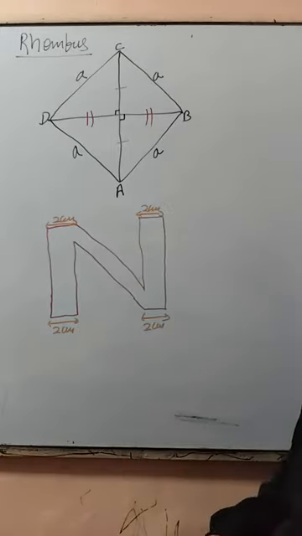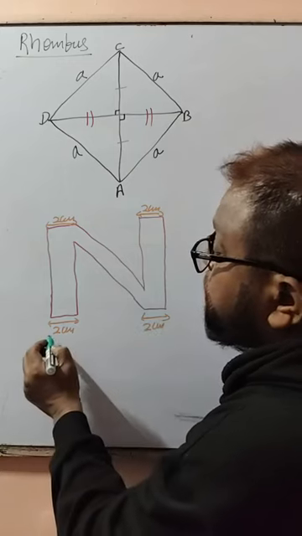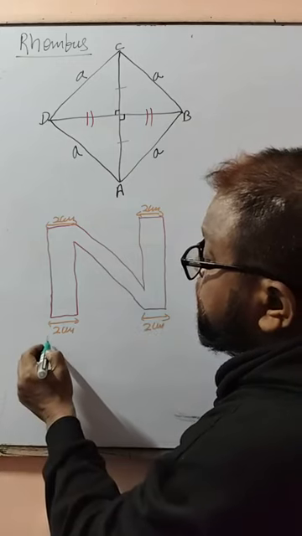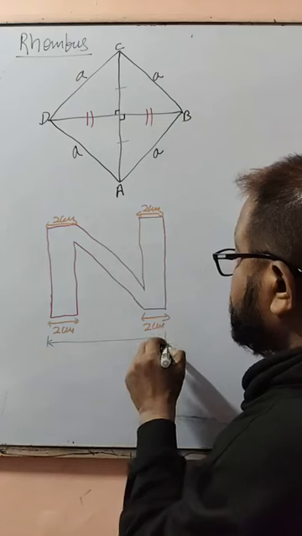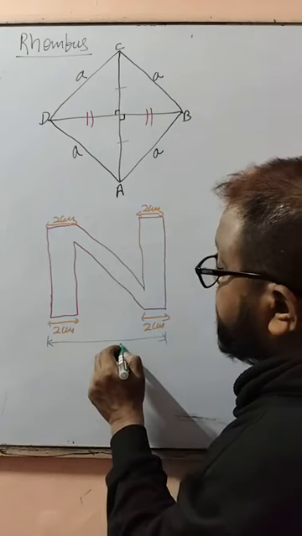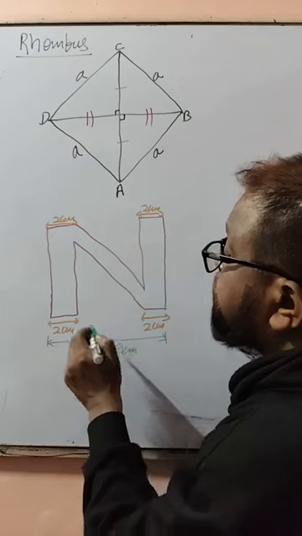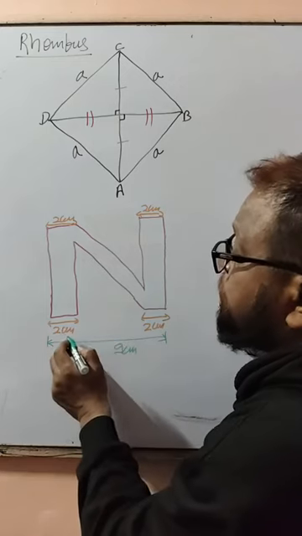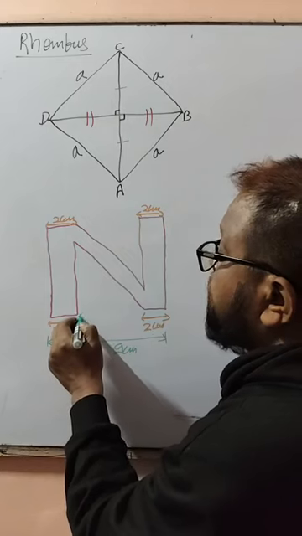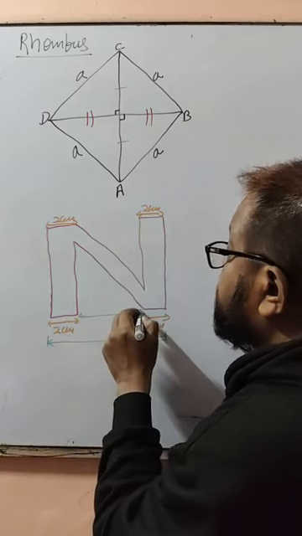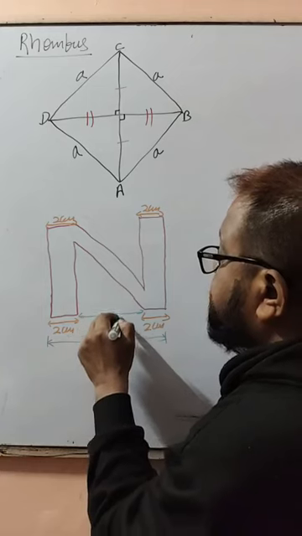And what about this? This length is 9 centimeter. This total length is 9 centimeter. Great. So this is 2, this is 2. So this is how much? 5. This is of 5 centimeter. Fine.